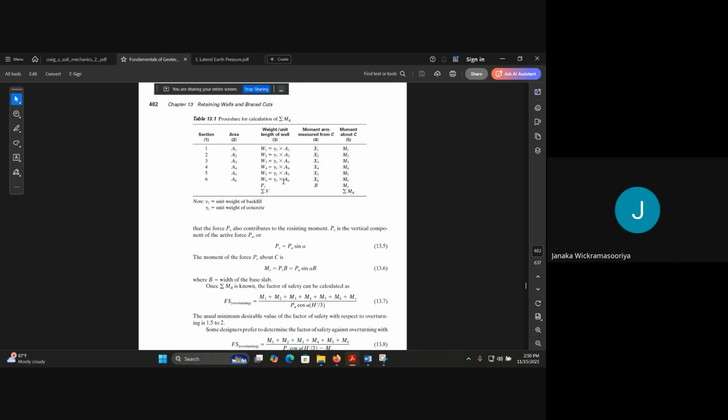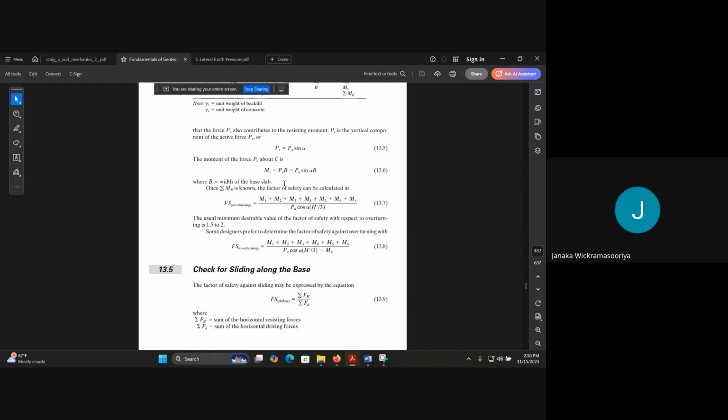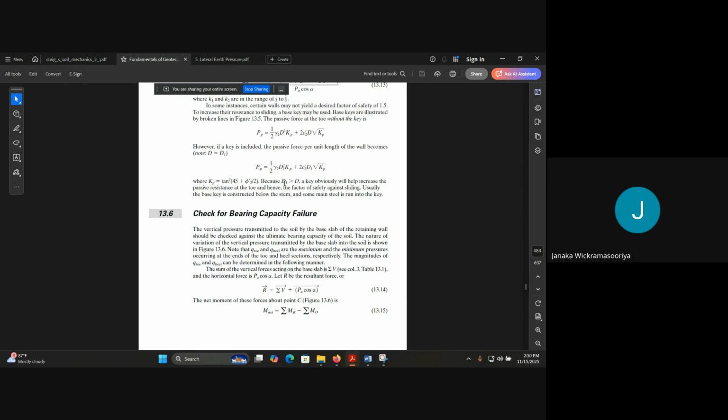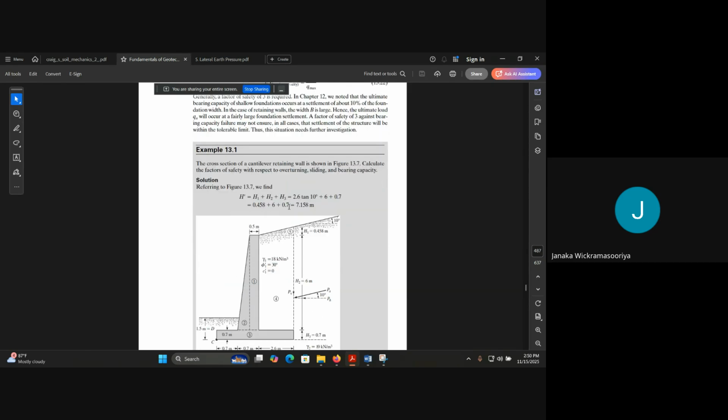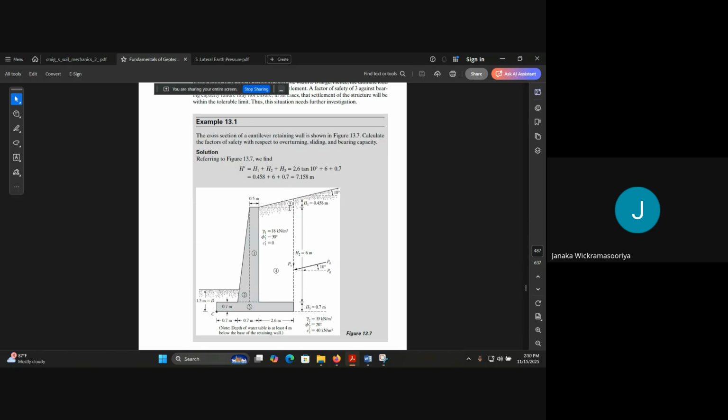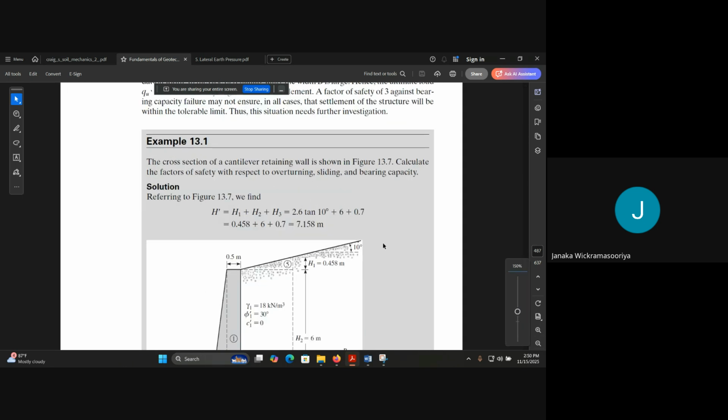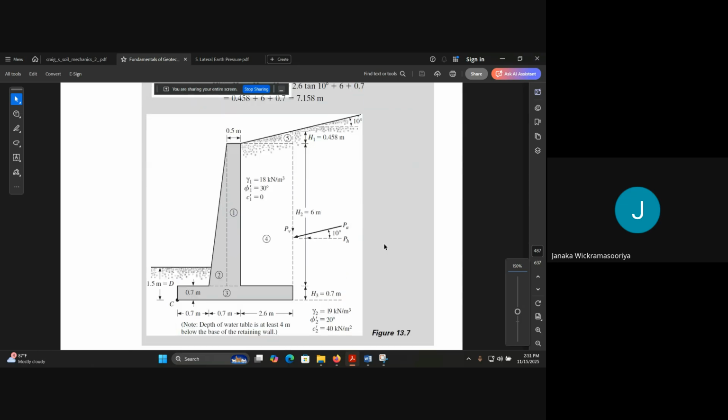So we will move to this example, then only we will learn this one.